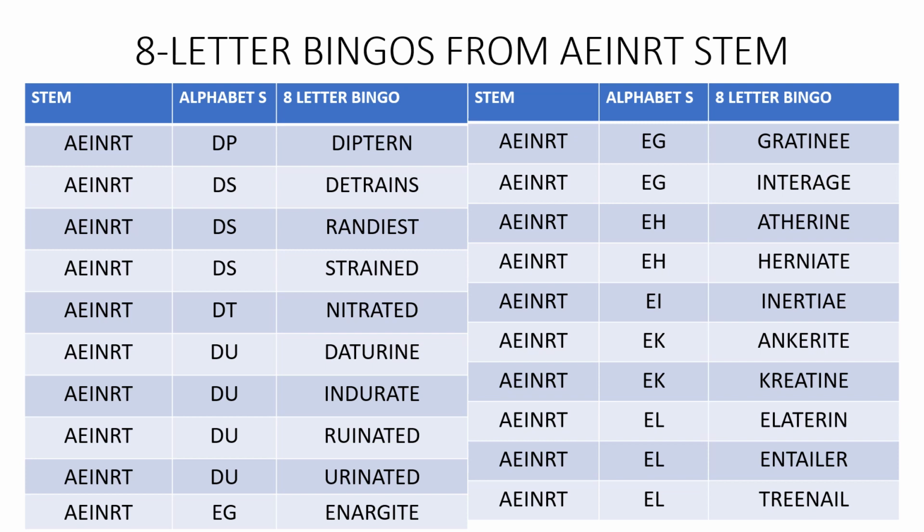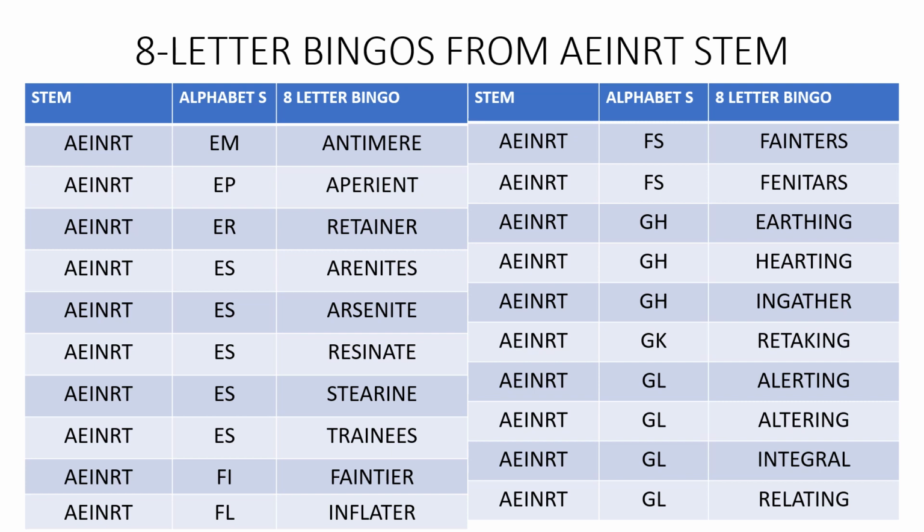And we continue with DP, DS, DT, DU, and EG like gratine, interage, herniate, inertia. And you can place E at the end of inertia to make it plural as well. And treenail is with single E and double E as well.